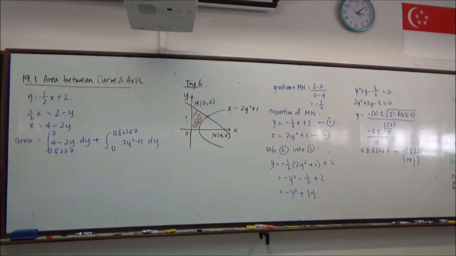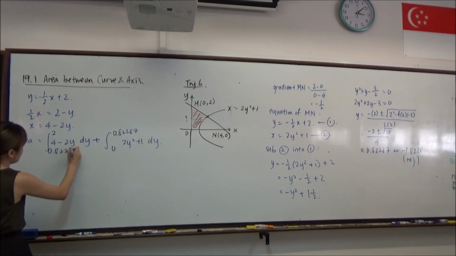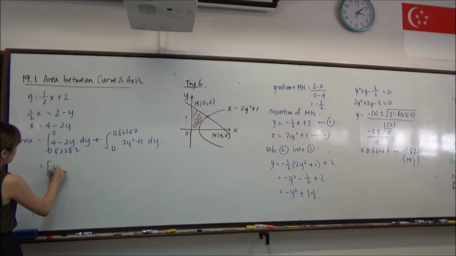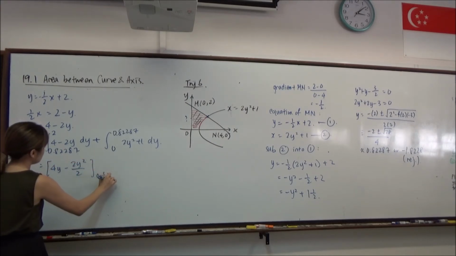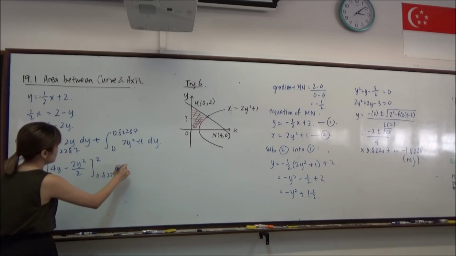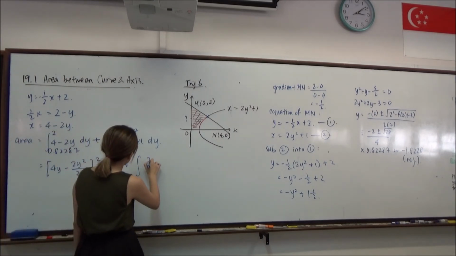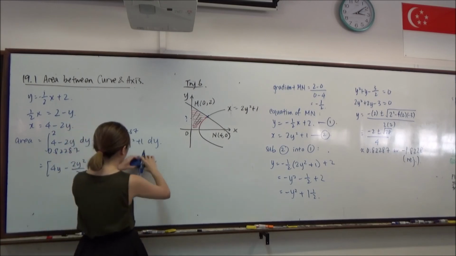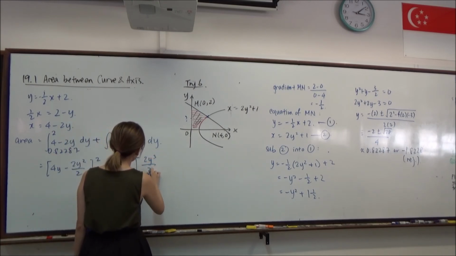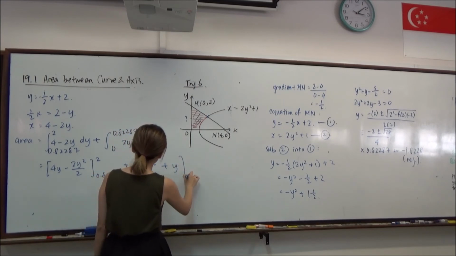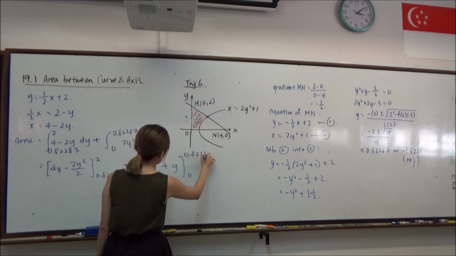Okay, do we get this integral? It's 0.82287. Then we now integrate 4y minus 2y squared over 2, from 0 to 0.82287, plus 2y cubed over 3 plus y, 0 to 0.82287.